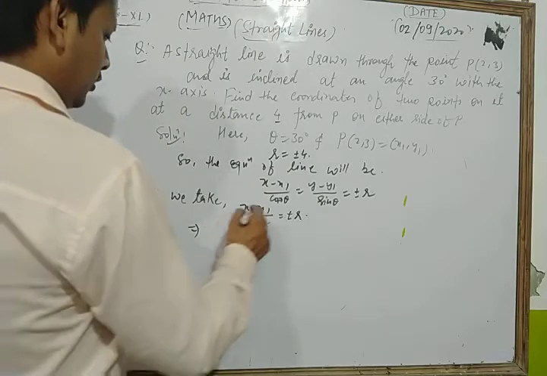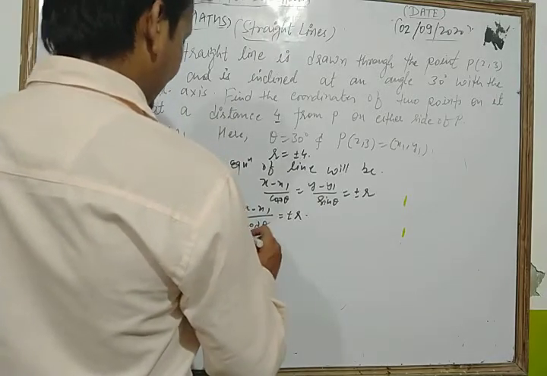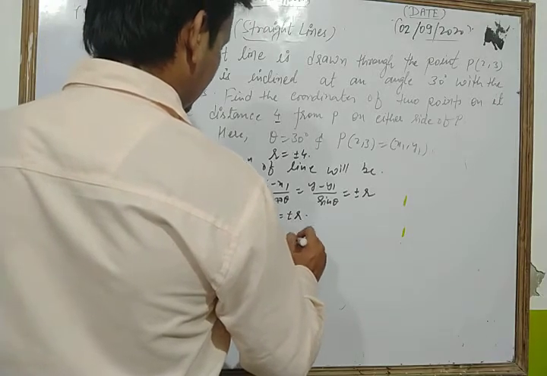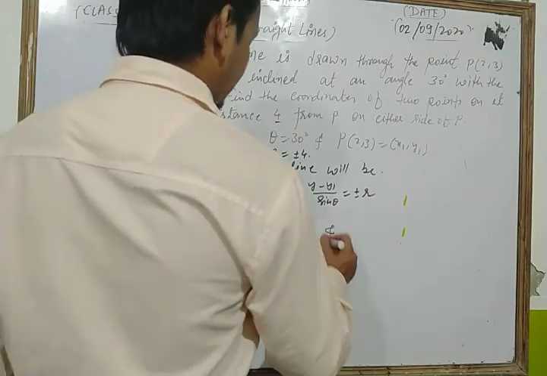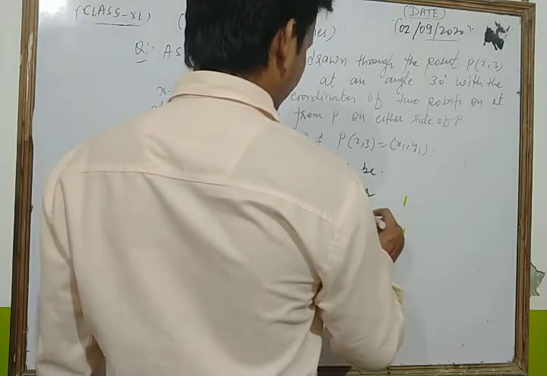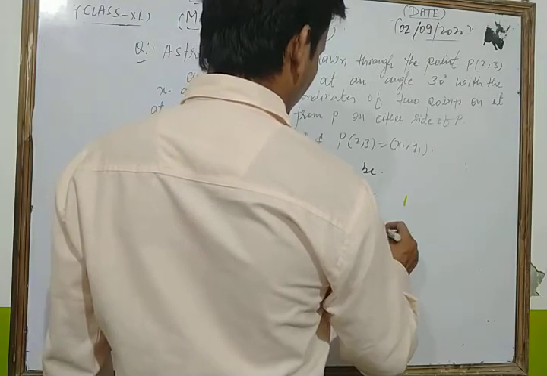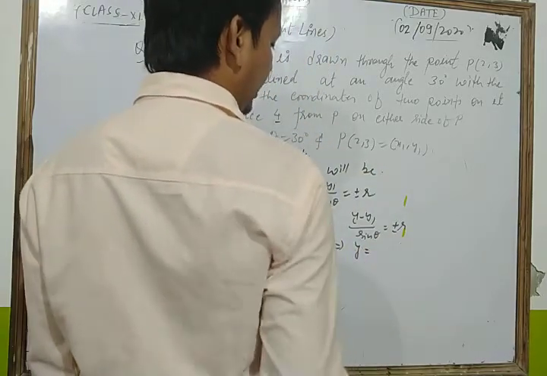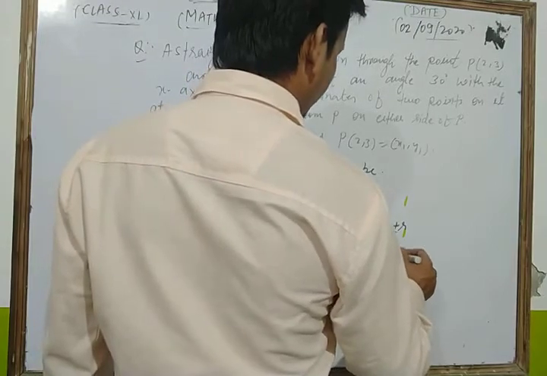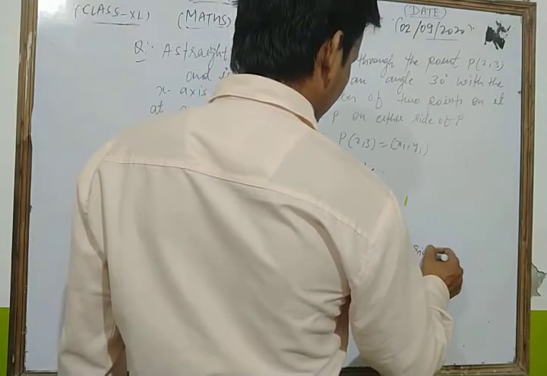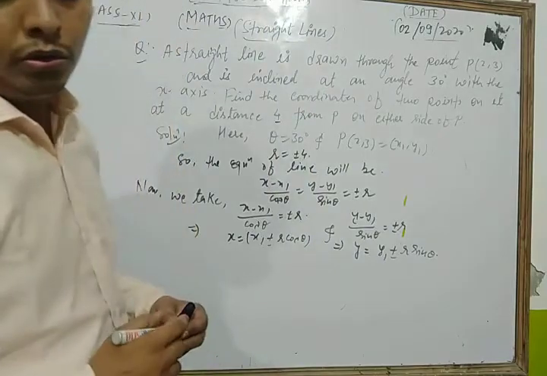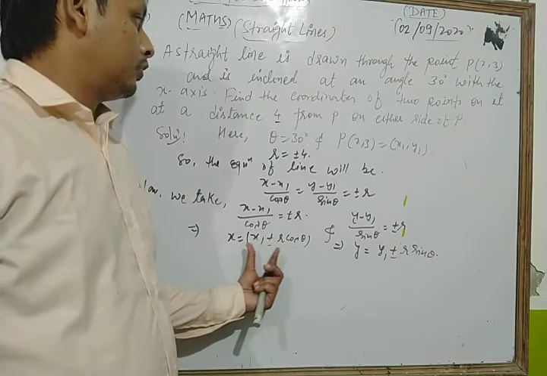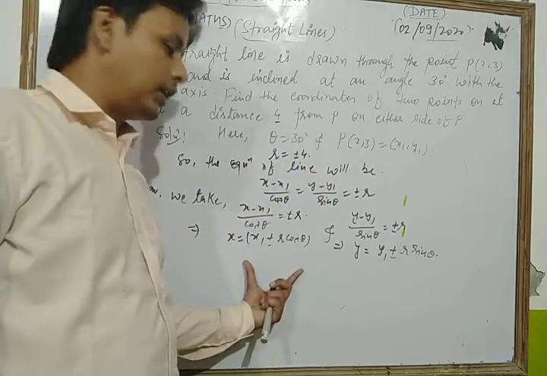So from there we find x equals x1 plus minus r cos theta, and when we take (y minus y1) upon sin theta equal to plus minus r, from there we find the other coordinate, y equals y1 plus minus r sin theta. So from there we find the coordinates of 2 points which lie on the line.